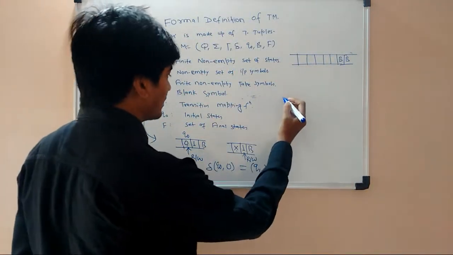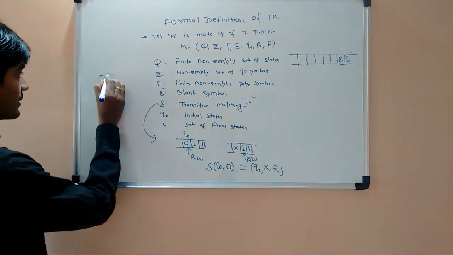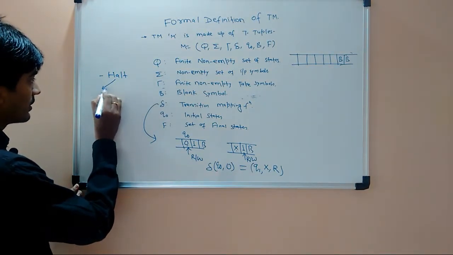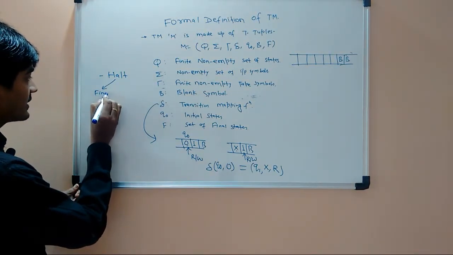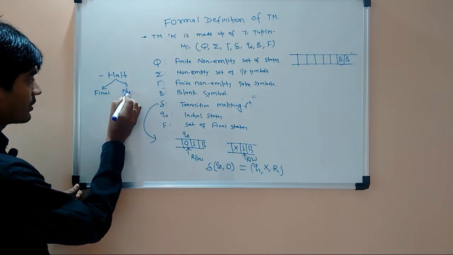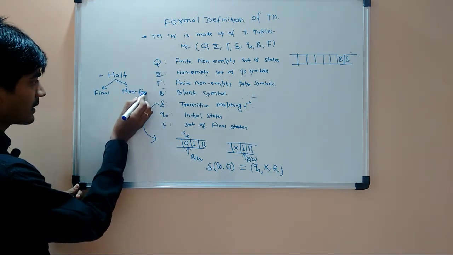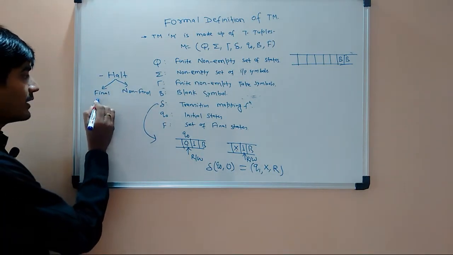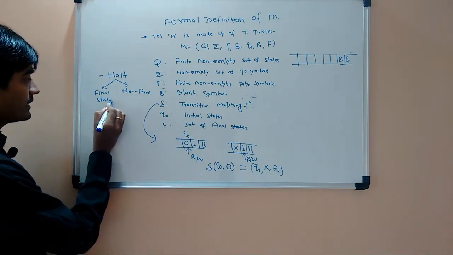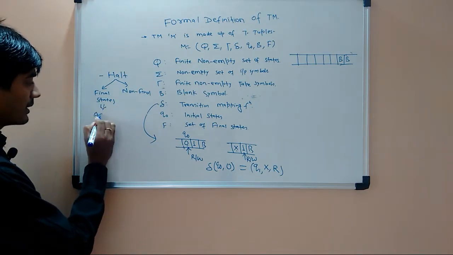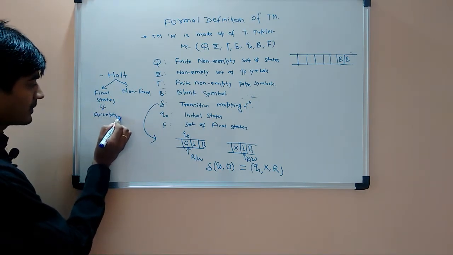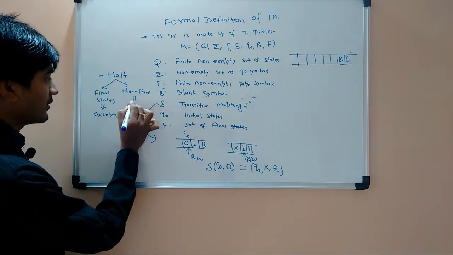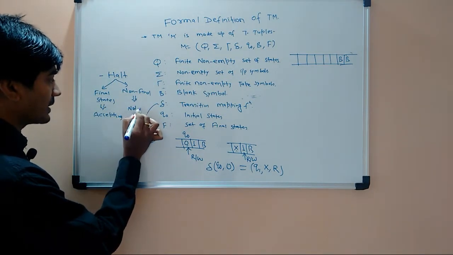So for accepting, we have two cases: either the Turing machine halts, or it does not. There are two situations for halting. If the Turing machine halts in a final state, then it is accepting. If it halts on a non-final state, then it is not accepting.